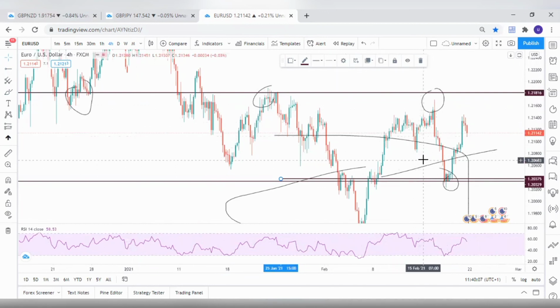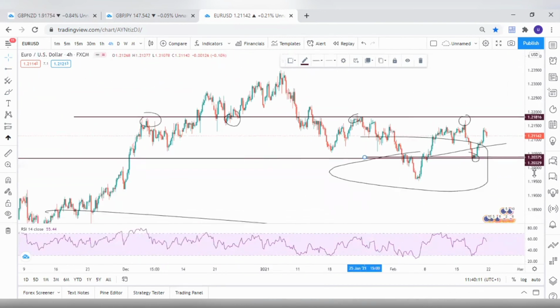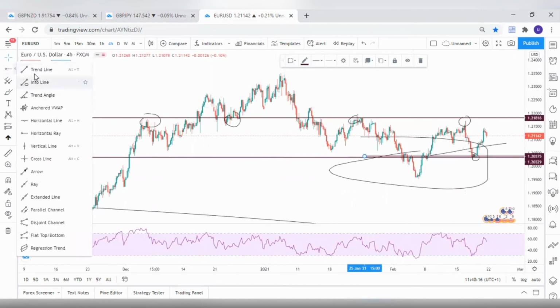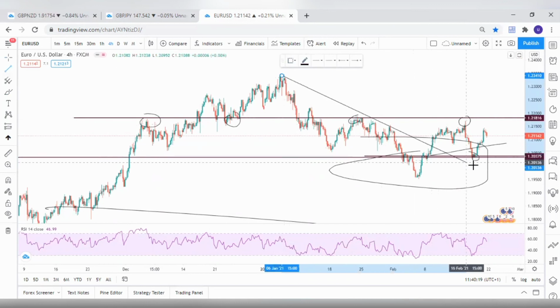So what do we expect? Price has been moving in a downtrend and it has broken the resistance trend line and has retested here, a key support zone. Just look at the arrow. Here is a key support zone.